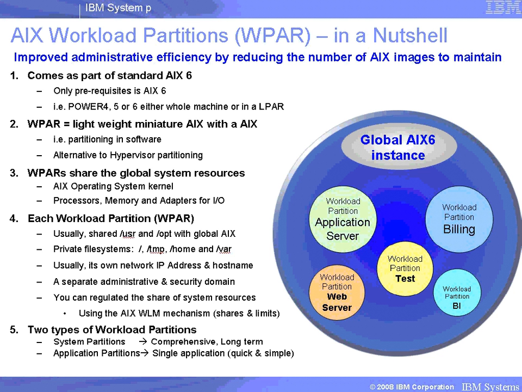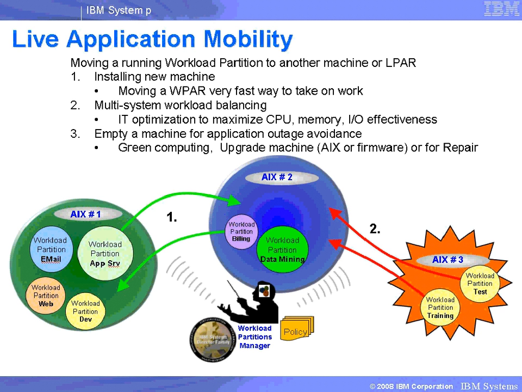It also has separate administrative and security domains, so each workload partition has its own root user that can do its own things with its own file systems. And we can regulate the use of the resources with the global instance by using the same mechanisms as AIX Workload Manager has for many years now. There are two types of workload partition, a system partition and an application partition.